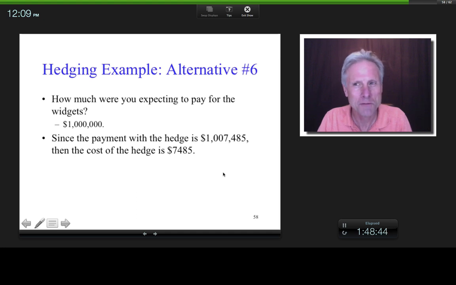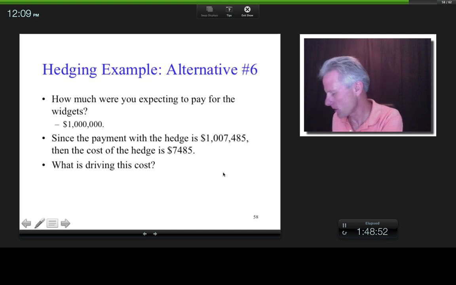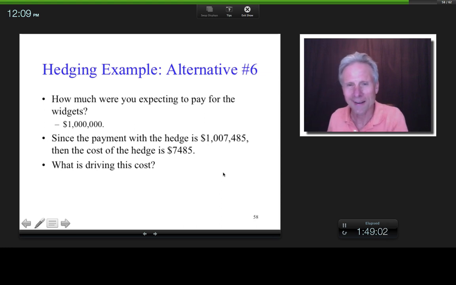So here's my question for you. What is driving this cost? Well, remember, at what rate are we lending the yen? That was at 2.5%, right? And at what rate are we borrowing dollars?